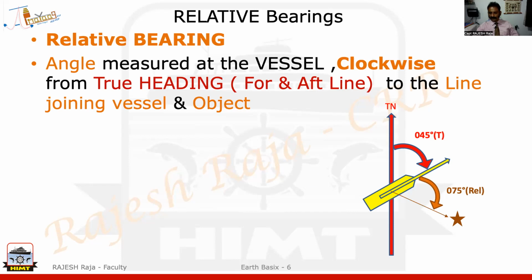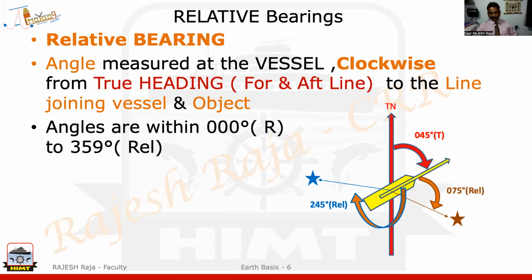I'm going to give you the second lighthouse. Here, again, you will measure the angle at the vessel clockwise from your vessel's heading, and the answer will be 245 relative. These were the same two lighthouses which were there in your previous diagram.